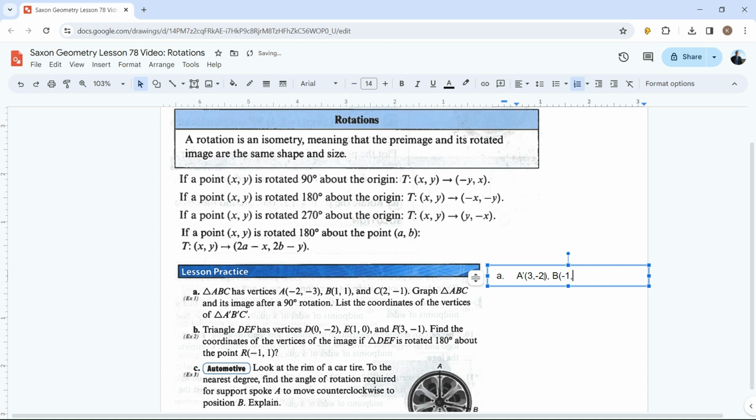So it's going to be (-1, 1). And then C: when I switch the -1 to the other side, it's going to be (1, 2). All right. These are the coordinates of the rotated image after a 90-degree rotation.